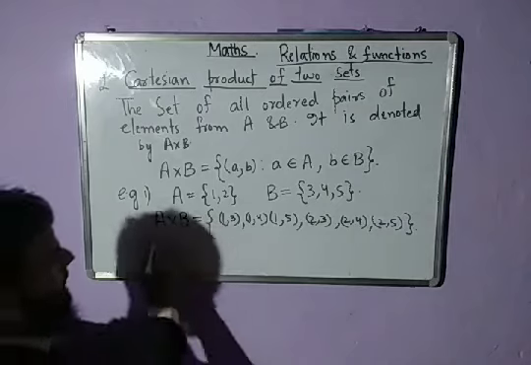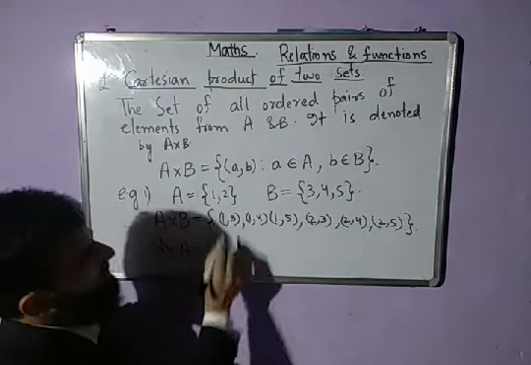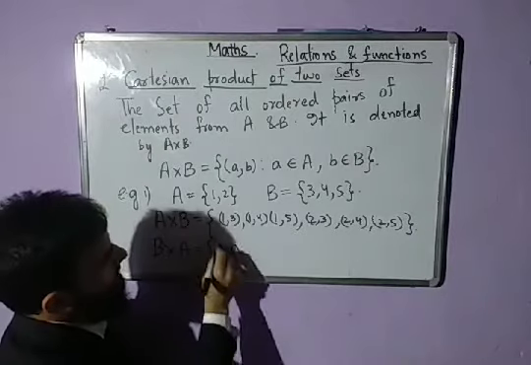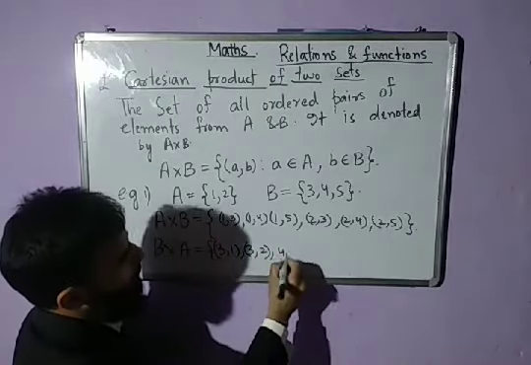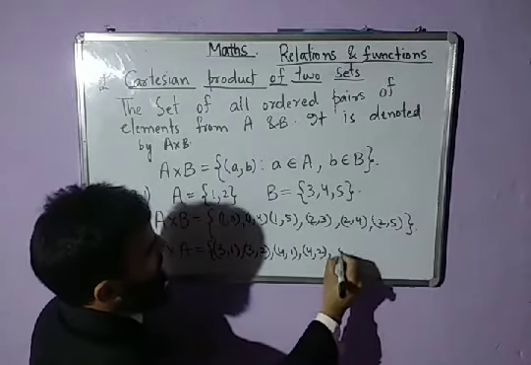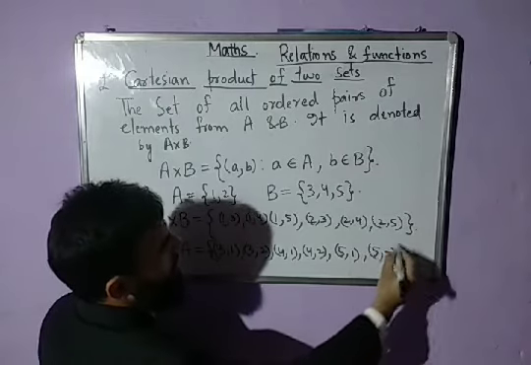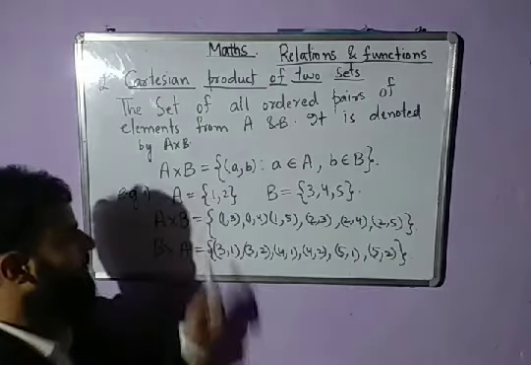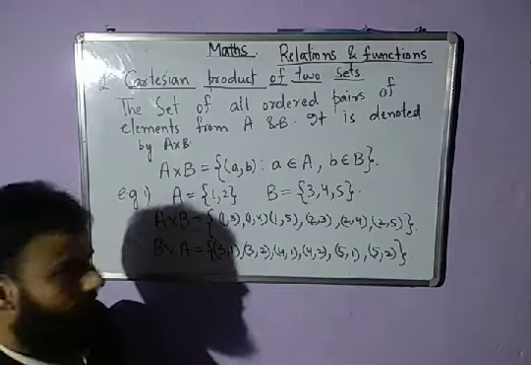Similarly one can find B cross A as well. That will be simply reversed: (3, 1), (3, 2), (4, 1), (4, 2), (5, 1), (5, 2). Now it's obvious from this that A cross B and B cross A are not equal.